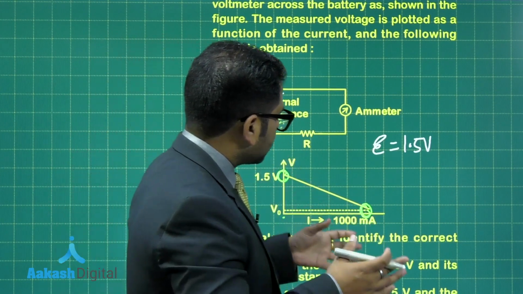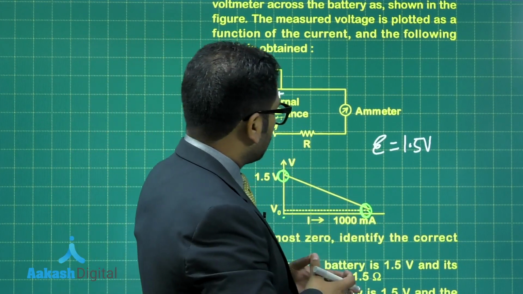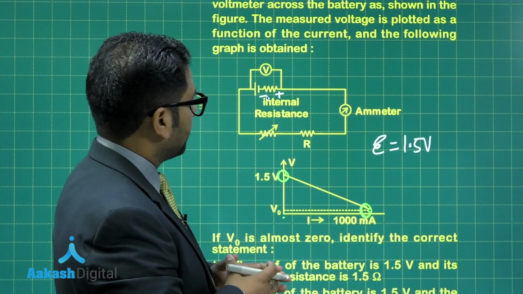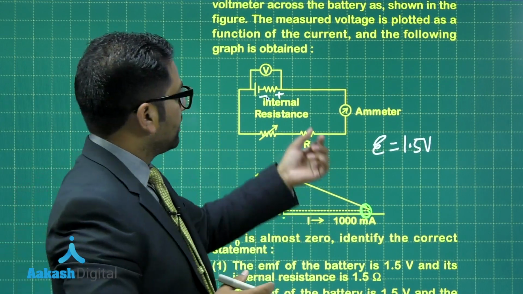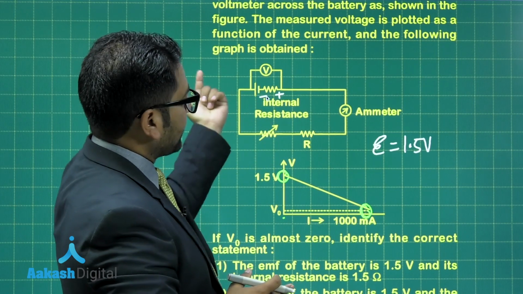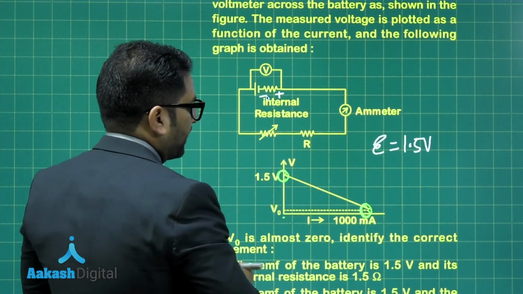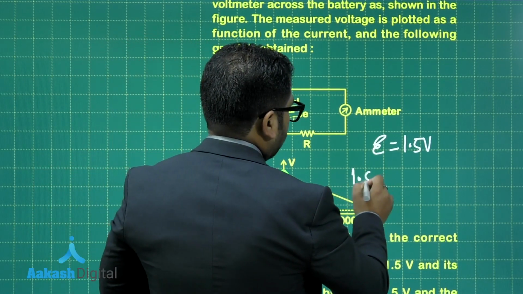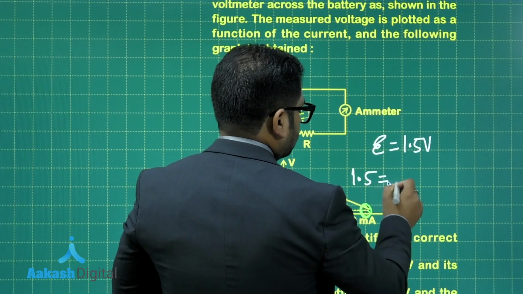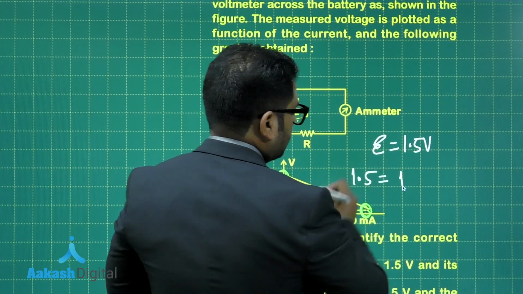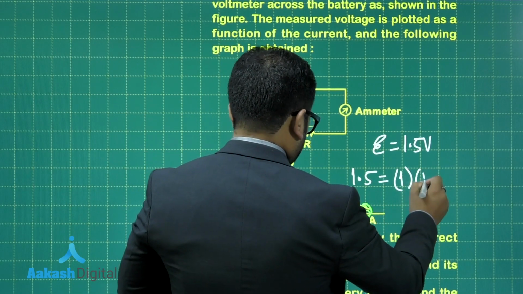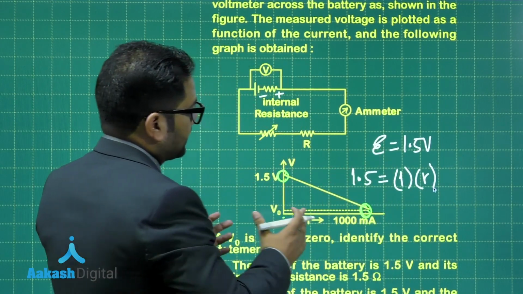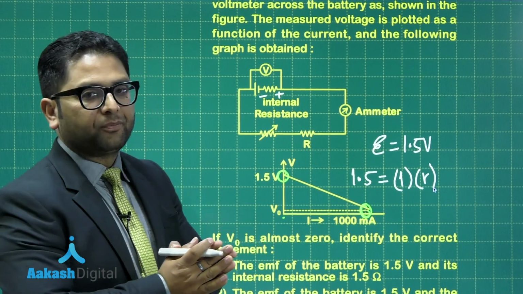Now, that comes out to be 0 when the current is 1000 milliampere. That means at 1000 milliampere, this potential difference is exactly equal to 1.5 volt. So 1.5 volt will be 1000 milliampere, of course, is 1 ampere, multiplied by the internal resistance, which is R. And that gives me 1.5 ohm.